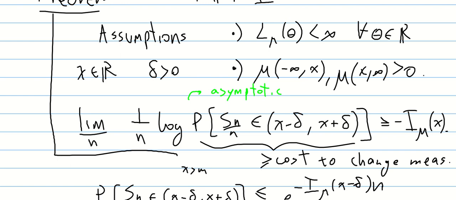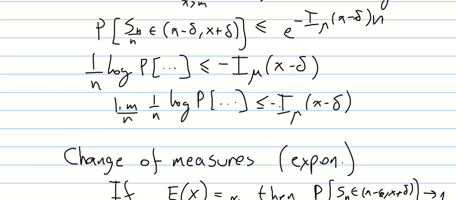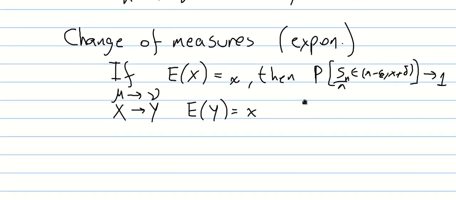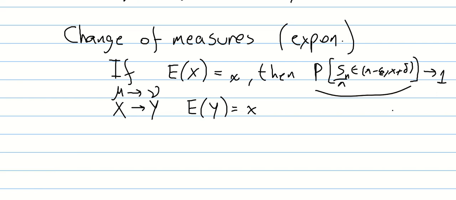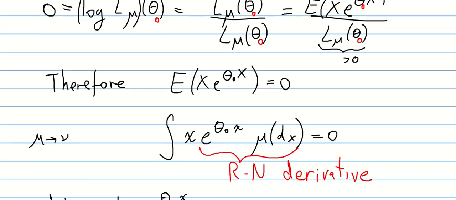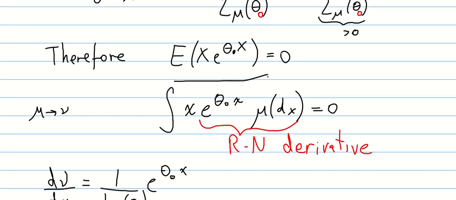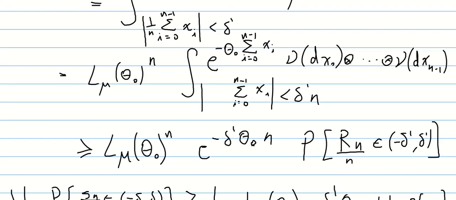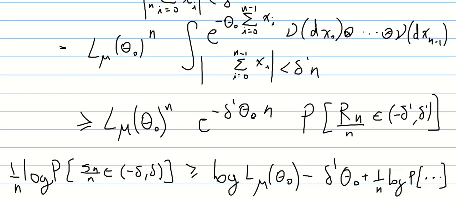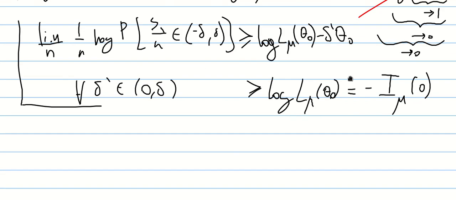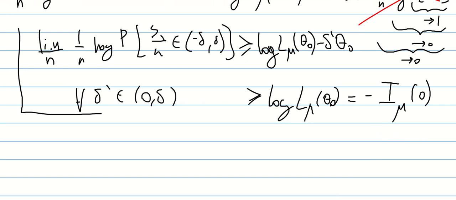But replacing the measure to some other measure where this is not a large deviation anymore, this is something very normal, is costly, it's exponentially costly, and if you choose correctly the way to change the measure, the cost is this. It's exactly the normalizing constant to the n. And the normalizing constant happens to be the rate function. So this finished the proof.